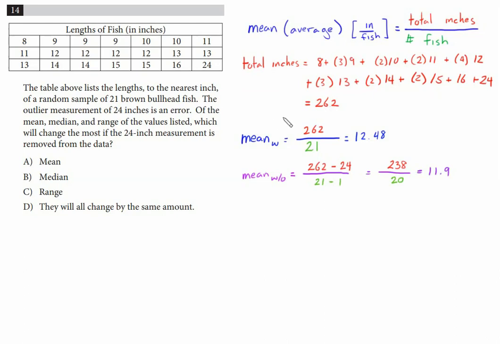Now in order to calculate the mean without this measurement, I'm going to subtract 24 from this total because we are no longer using this number. And I need to subtract 1 from the total number of fish, because now we only have 20 fish left.